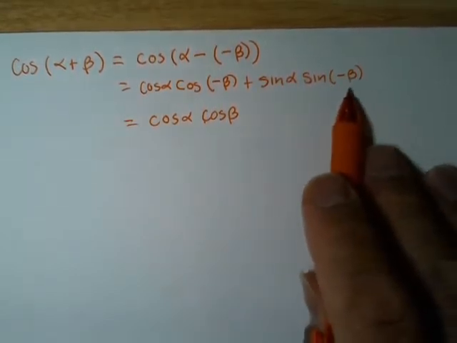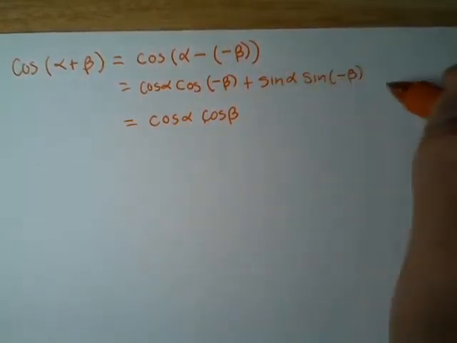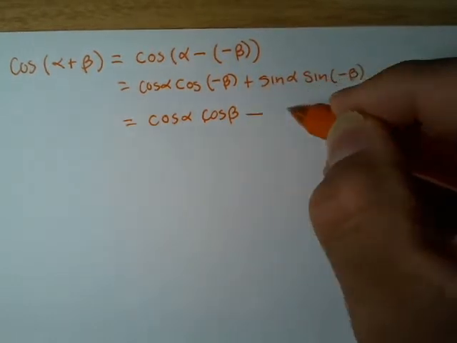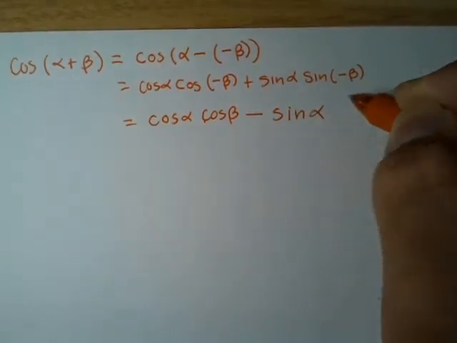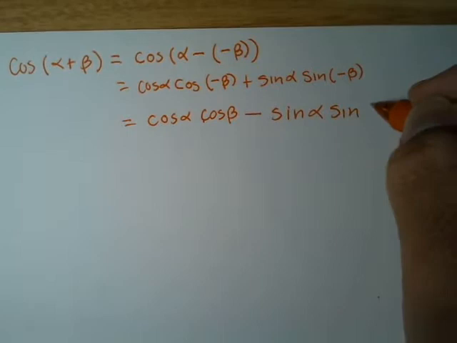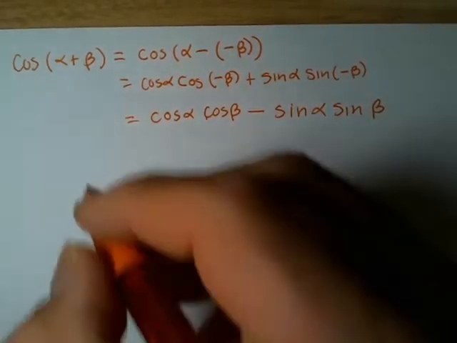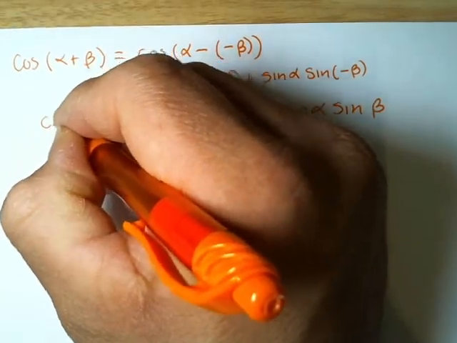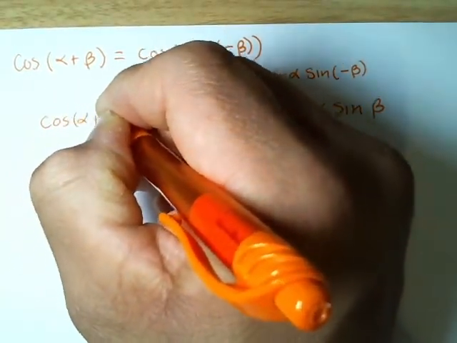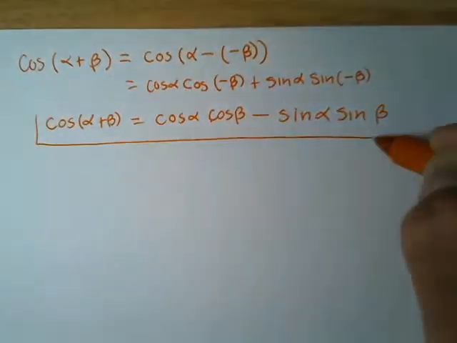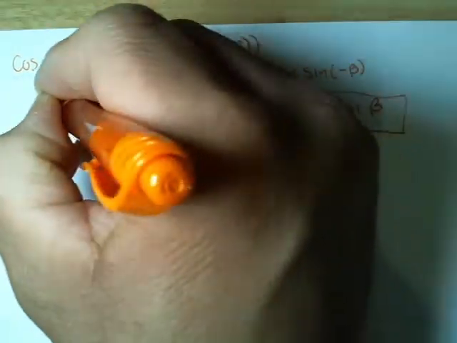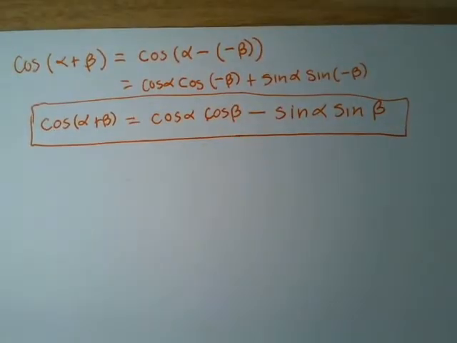And sine of negative beta is negative, so times -1, it becomes a minus sine of alpha, sine of beta. So there we go. Took us 3 lines once we put in the work in the previous formula to derive this one. And there we go. That is our sum for the cosine. This one was nice and easy to get to.